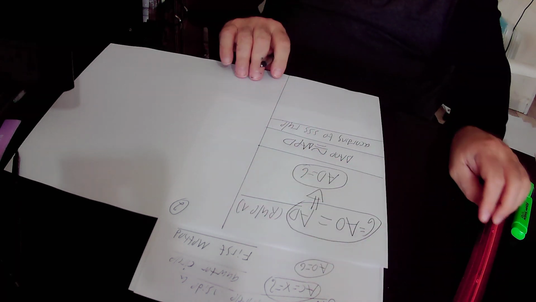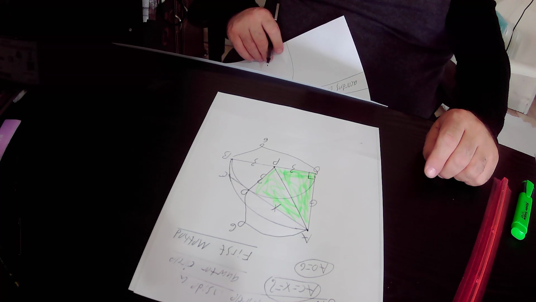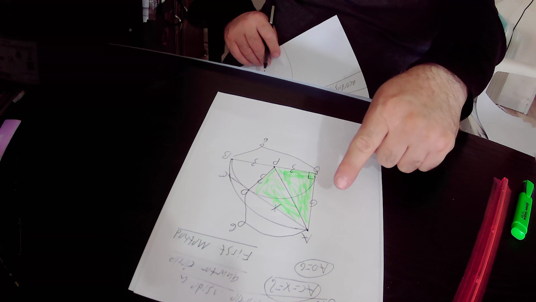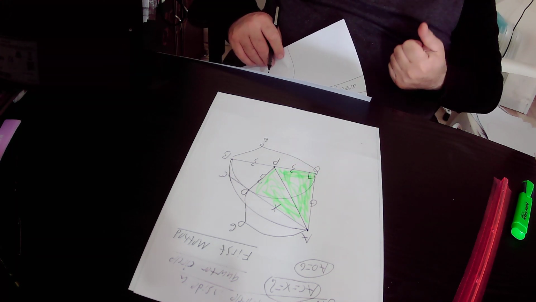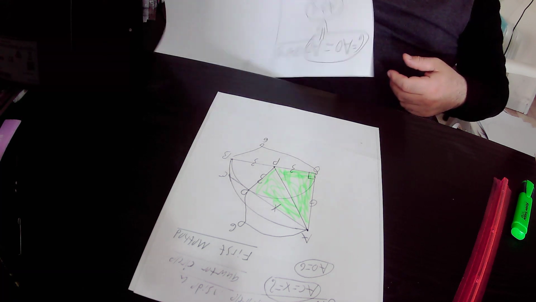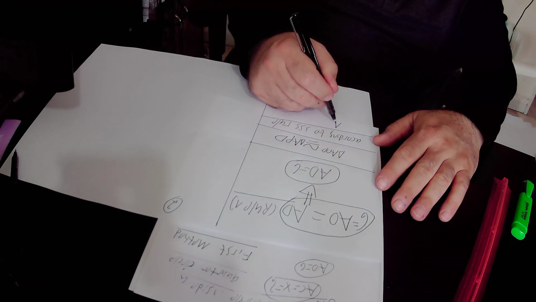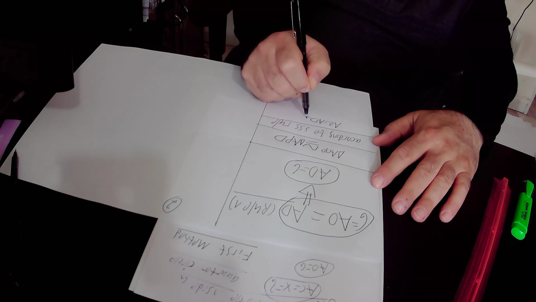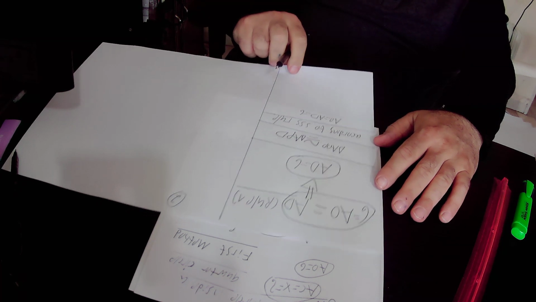Okay, so first of all we know that AO equals AD equals 6 units according to rule number 1.